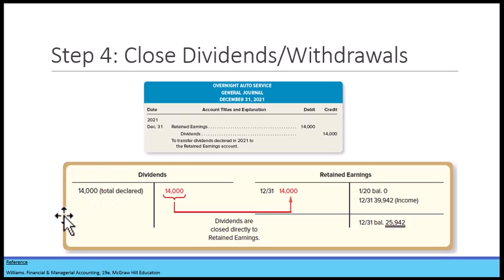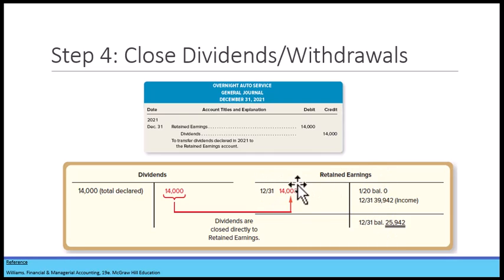We want to make that go away. What do we need to do? We need to post a $14,000 credit. That will cancel out the $14,000 debit and give dividends a zero balance. Okay? Where does the corresponding debit go? The corresponding debit is going to go to retained earnings. Now, remember, retained earnings carries a credit balance.